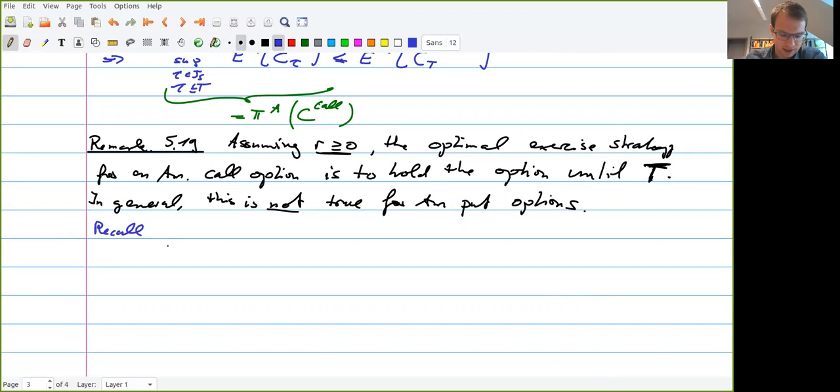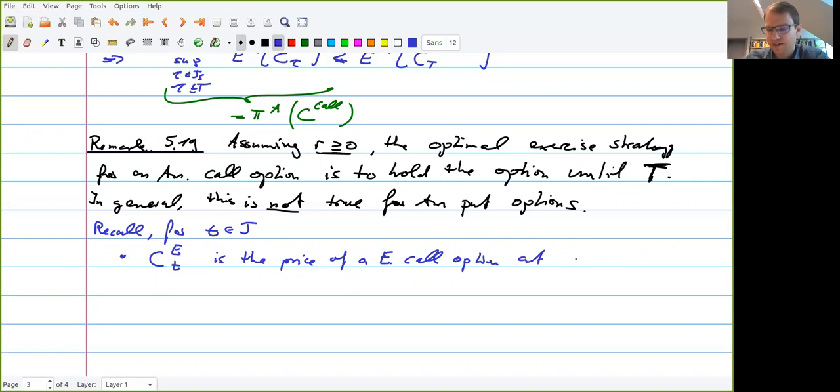Recall, for t, C^E_t is the price of the European call option at time t.